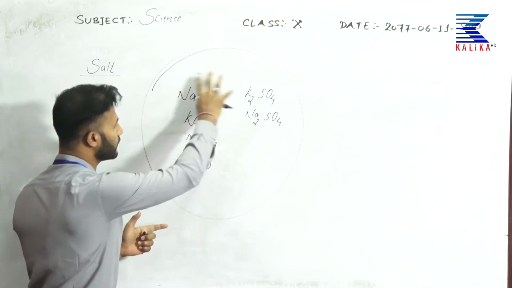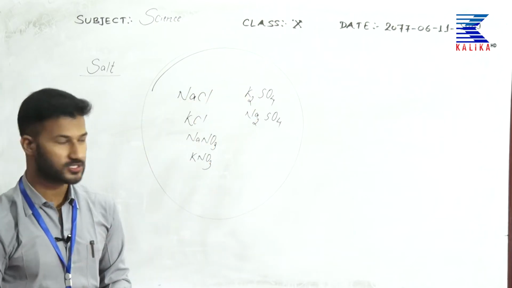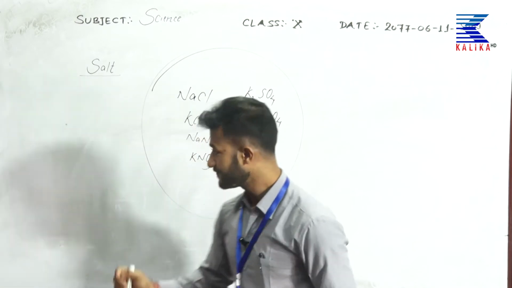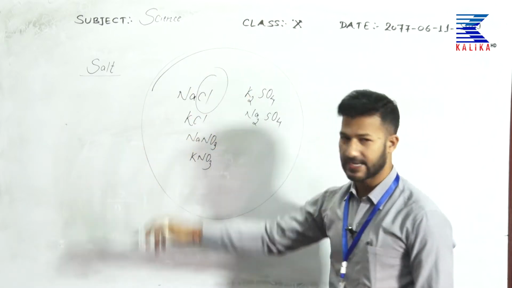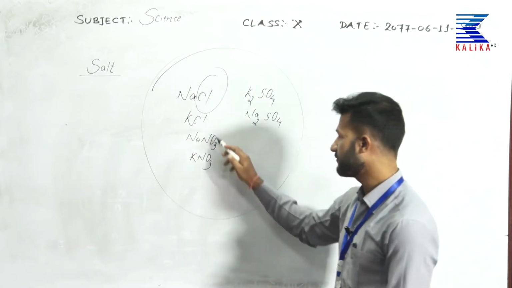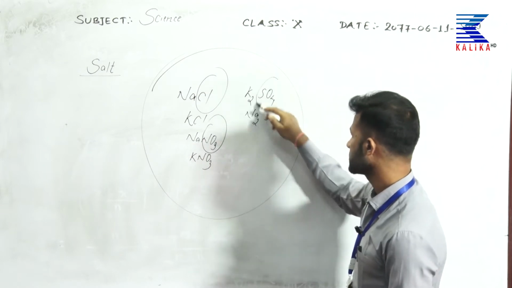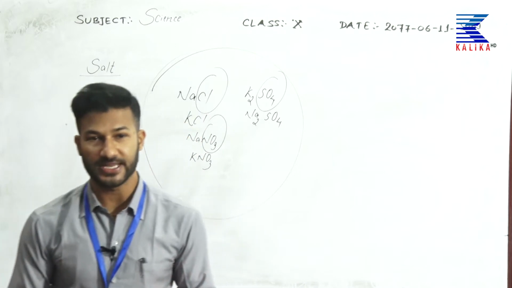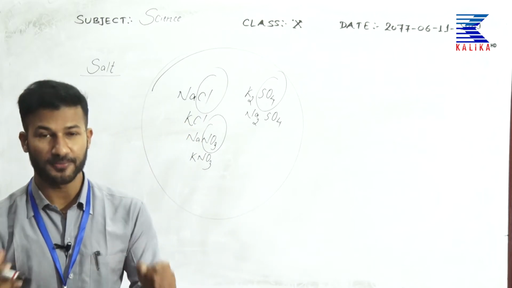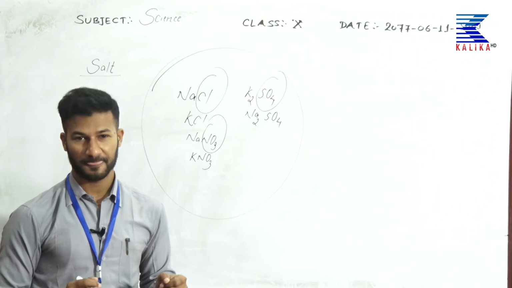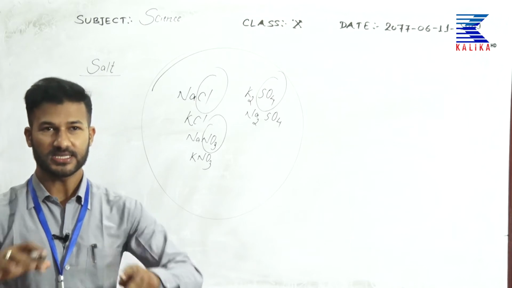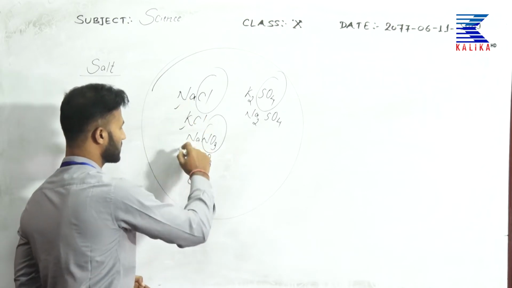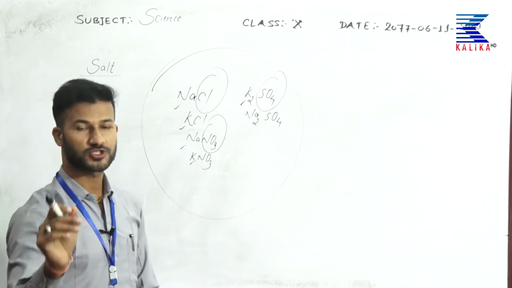Another way, how do we find salts on the basis of molecular formula? I can tell you, if you find Cl at last, meaning chloride radical at last, if you find nitrate, sulfate, bisulfate, bicarbonate, chlorate, chromate, nitrite, phosphate, these types of radicals along with some metals, then it is a confirmed salt.